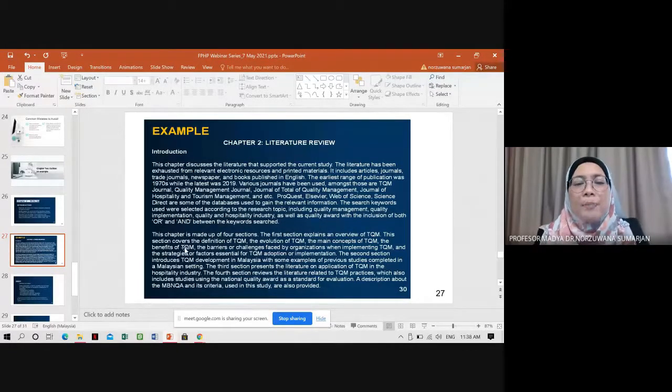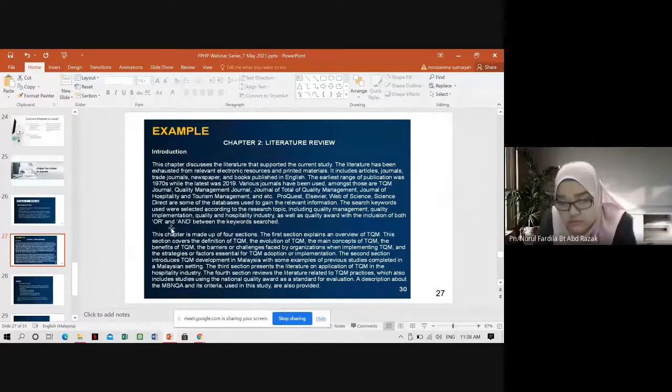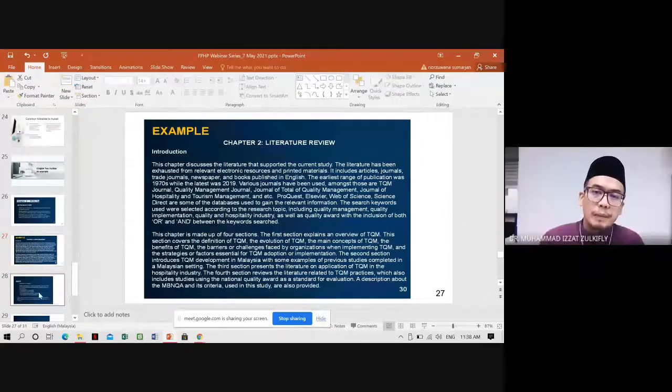What is to be expected in this chapter? This chapter is made up of 4 sections. The first section explains an overview of TQM, blah, blah, blah, until the end. So when readers read this, they can understand how you deal with your literature and also what is expected in this chapter. Okay? All right.